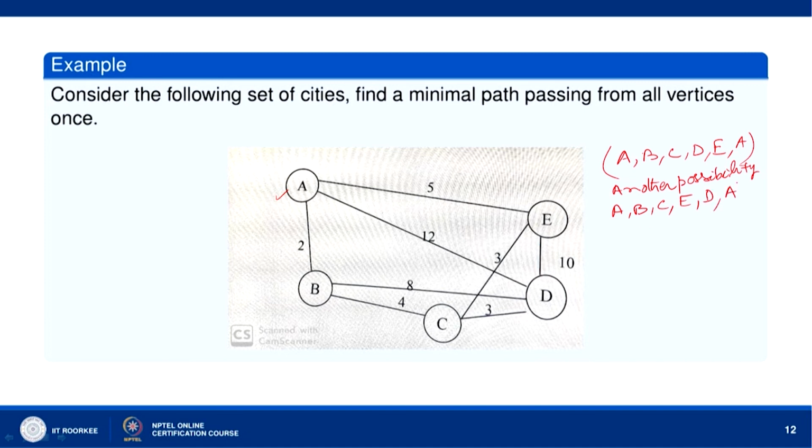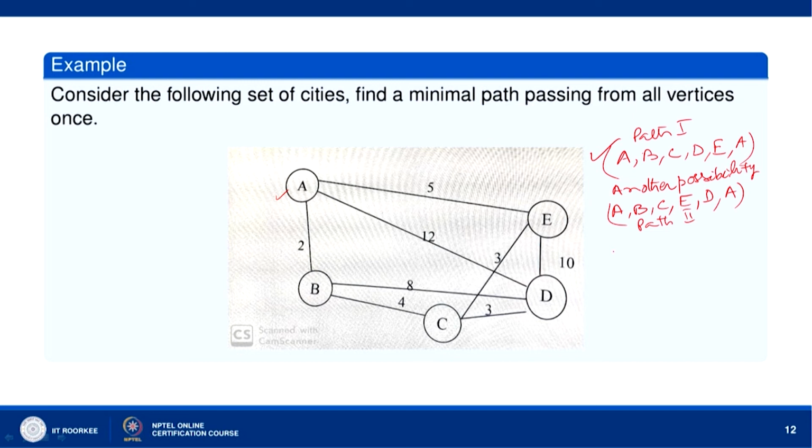So, if we follow this path A, B, C, then what is the total of weights? This is path 1 and this is path 2. Both these paths, when we follow, we visit each vertex exactly once.